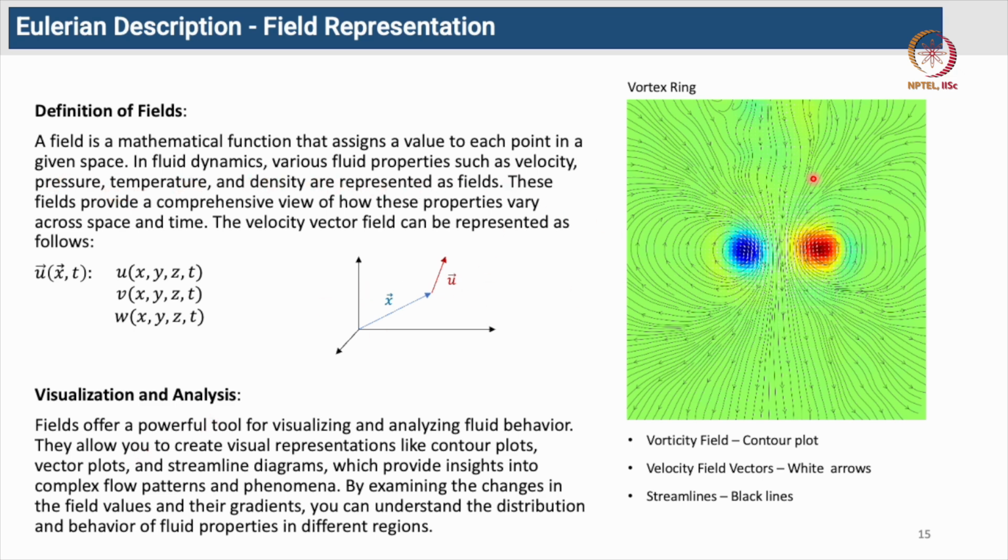It is very useful to visualize the flow field using this technique. For example, this shows vorticity, velocity, and streamlines all in one. It allows you to create visual representations like contour plots and streamlines, which give us insights into complex flow patterns. And PIV, as we will see, is exactly a field representation.